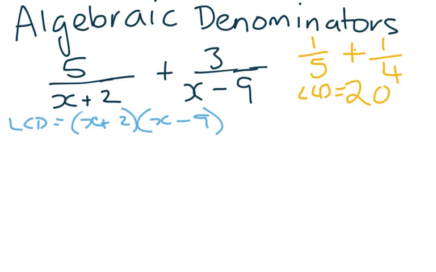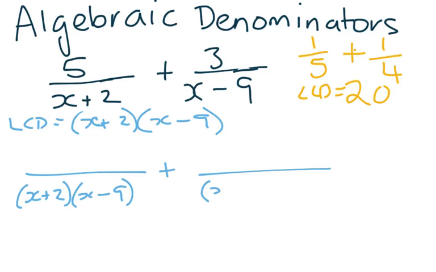Then what we do is we write both of these things over x plus 2, x take 9. Now I have to look and see, what did I multiply x plus 2 by?